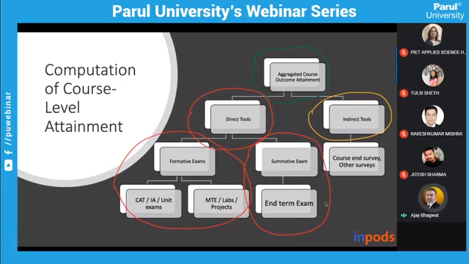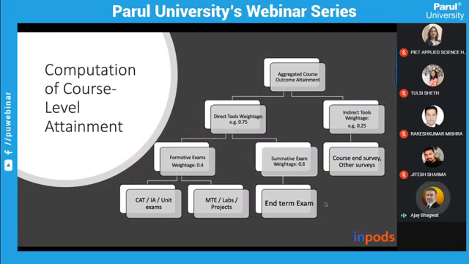The reason these direct tools are divided into these two categories is that many times there is a tendency of considering different weightages for formative and summative, giving importance to them in the computation of the course outcome attainment. There is a notion that the attainment computation through formative assessments is of lesser weight than the attainment computation done via summative exams.